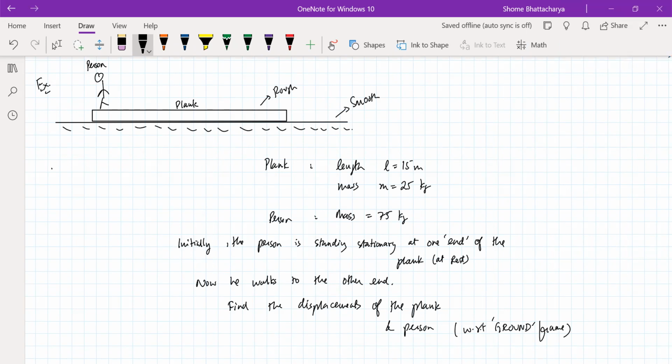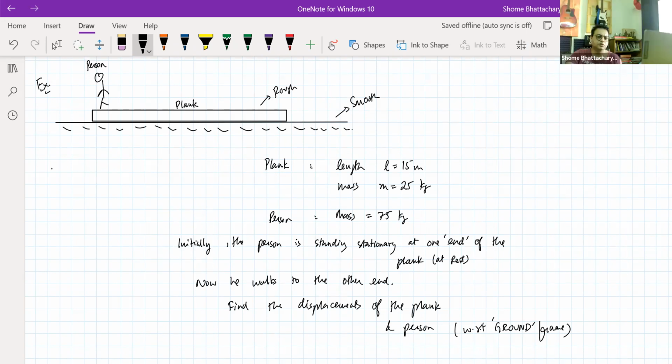So for example, when a person is climbing up a ladder or a rope, it might seem very odd to you what's happening in terms of energy, but actually it's very simple. When you're climbing up a ladder, you are gaining potential energy because you're converting your internal energy, the energy that you stored in the form of glucose or whatever in your system, sometimes even your fats. That is converted into mechanical energy, which in this case, if you're climbing very slowly, is gravitational potential energy.